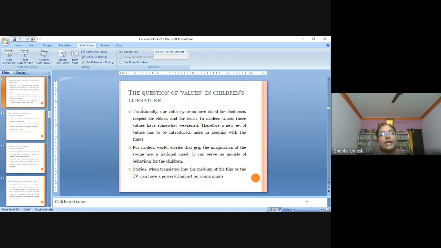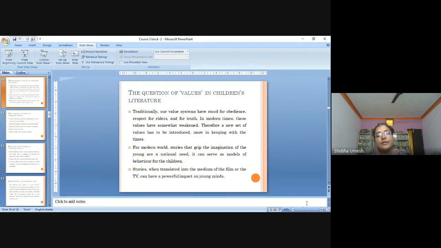A writer never writes for himself; always he writes for the reader. Because he is now writing for the present generation, he has to keep the present generation in mind, and the values have to be imparted in such a way that they will reach them.